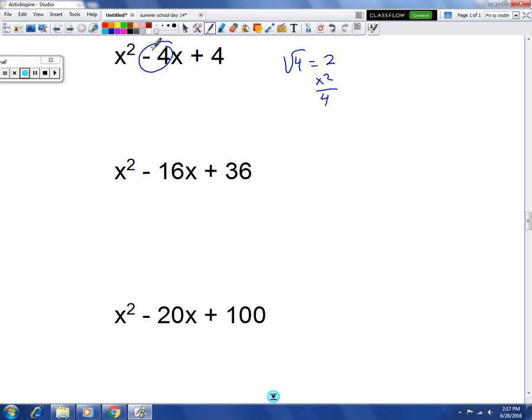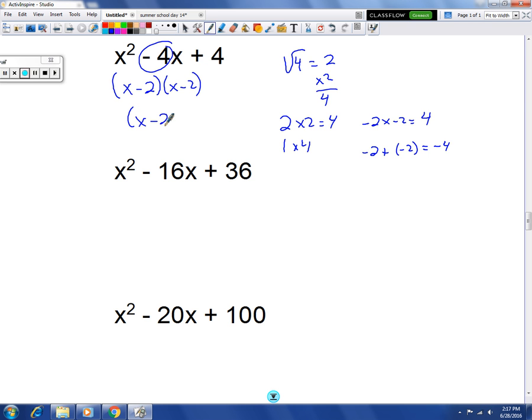This is a perfect square trinomial. 2 times 2 is 4, and of course 1 times 4, but negative 2 times negative 2 is also a positive 4, and they add up to a negative 4. So that's what we need, and they're exactly the same. So it's still a perfect square trinomial.